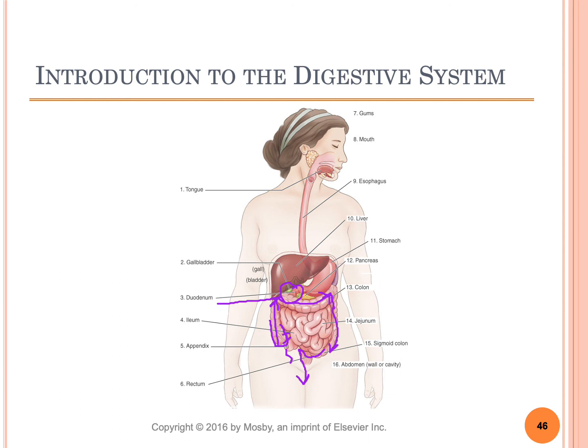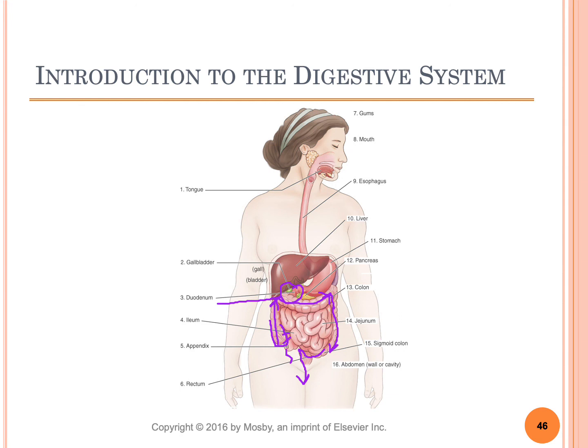And so the job of the large intestine is mainly to absorb water that is left in the waste product. So if there's ever a situation where a bowel movement has a lot more water than it should, it could definitely be something going on with the large intestine, where there's a bacterial infection or something that is inhibiting it from absorbing the water like it should.